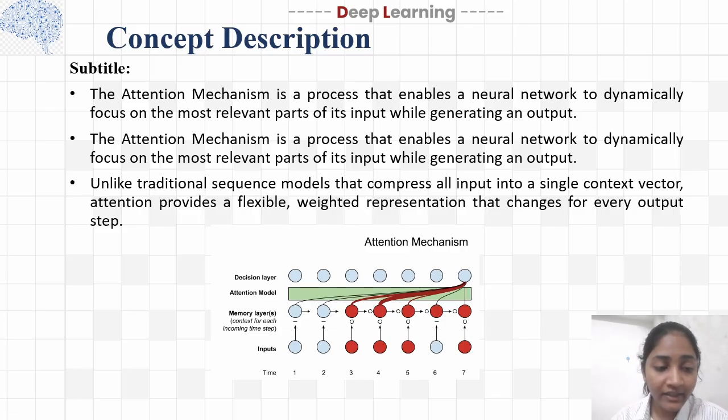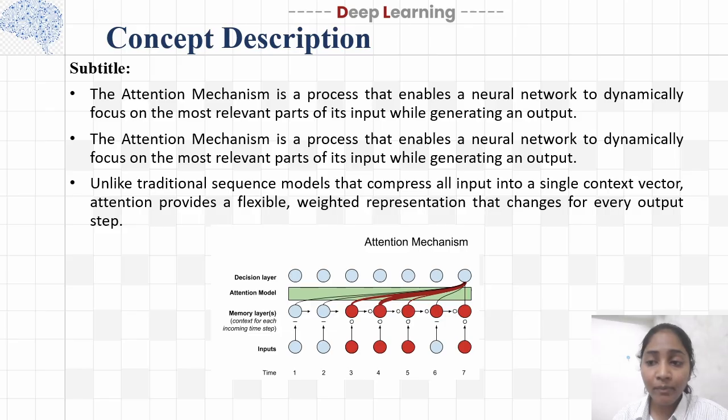Final layer is a decision layer, which represents the decoder's output state, the generation of the translated or predicted sequence. At each output step, the model uses the context vector, a weighted combination of encoder outputs, to decide what the next word or element should be.